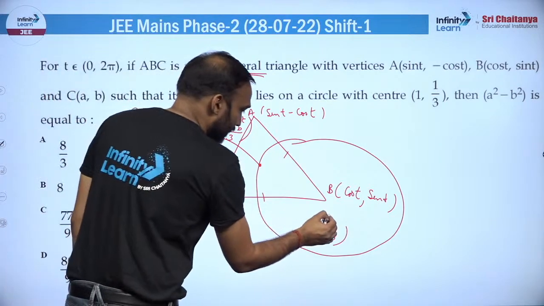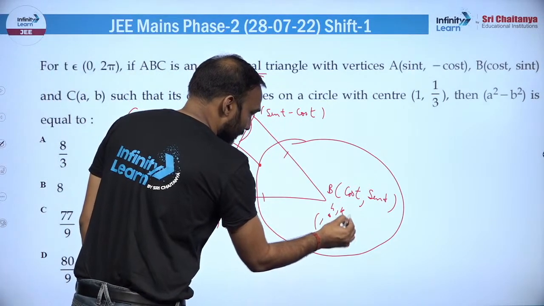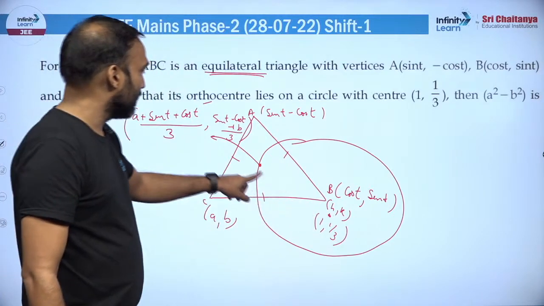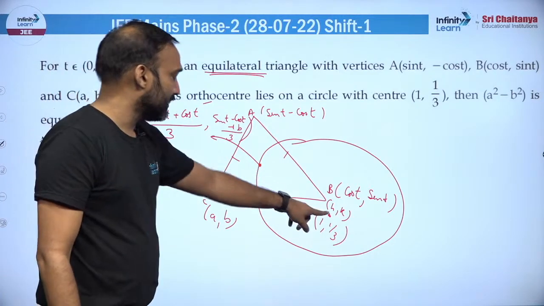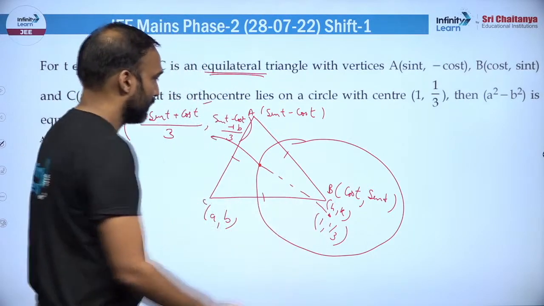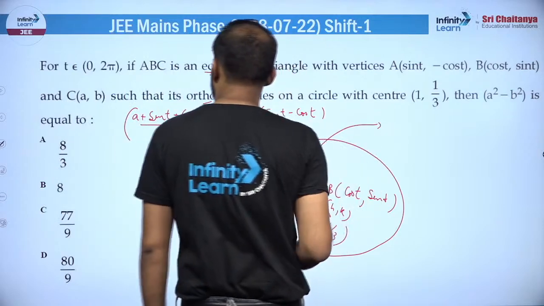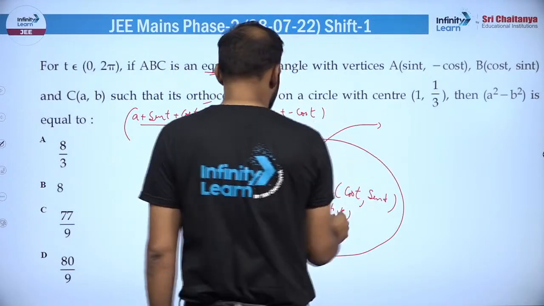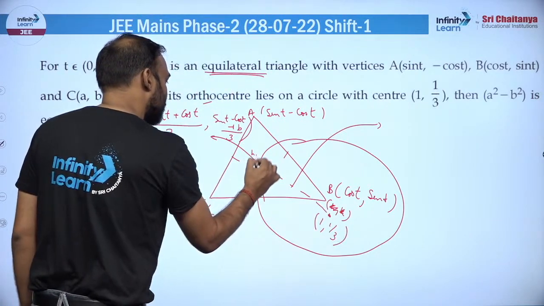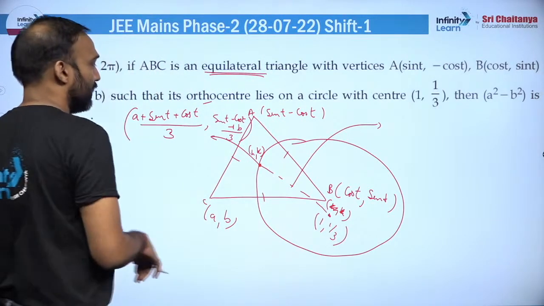Now let's say the center is h comma k, right? So I am assuming center of the circle to be h comma k. So h comma k, right, this distance will be equal to radius, right? So I can say, or instead of this h comma k, don't take this h comma k, take this as h comma k, right?